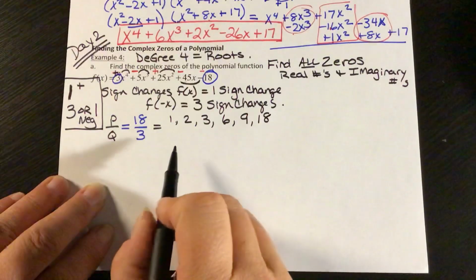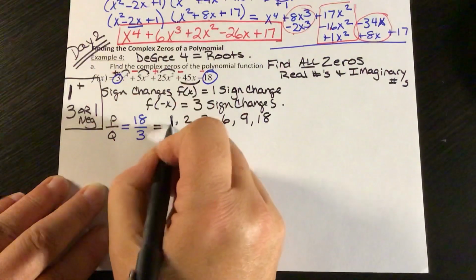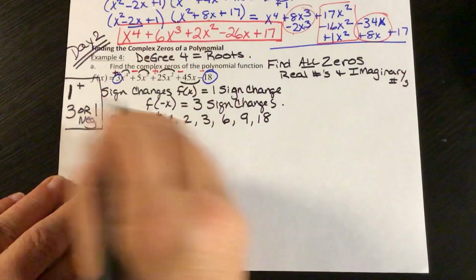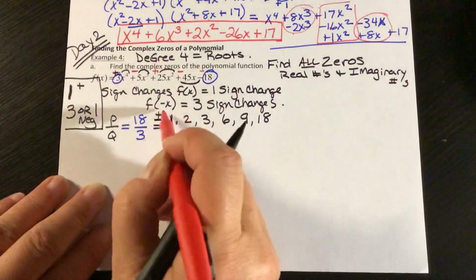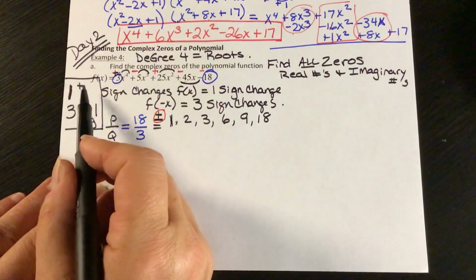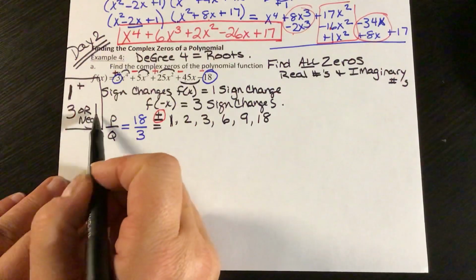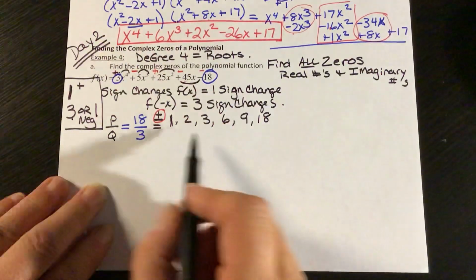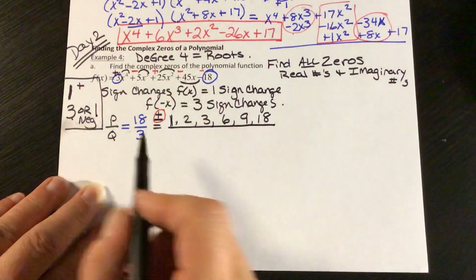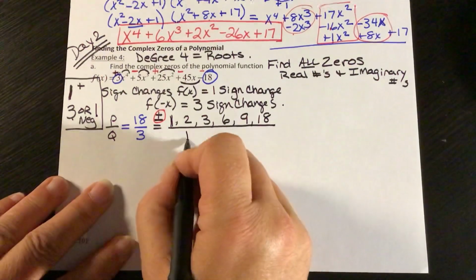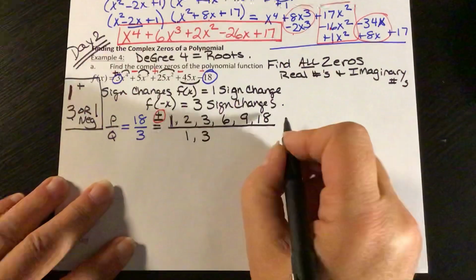Those are all the factors of 18. Now remember, these could be positive or negative. I have to have 1 positive for sure and one negative for sure, but I could have 3 negatives. Then on the bottom here, I have 3, and the factors of 3 are 1 and 3.